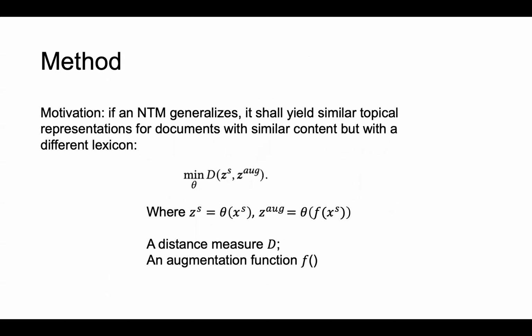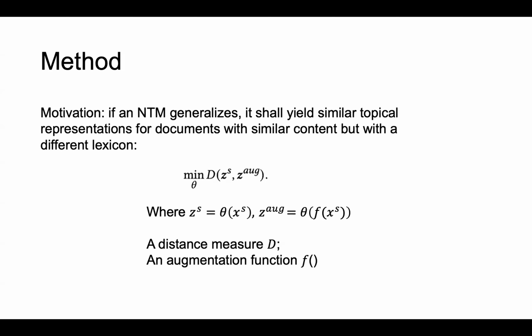We want to move documents with similar semantics close together in the latent space. So what we need is two things. One is a distance measure to measure the distance of the topical representation between the original document and its augmentation. Another is an augmentation function.